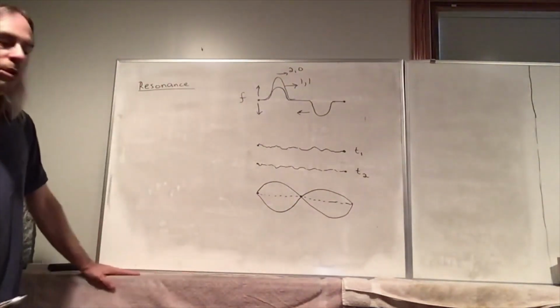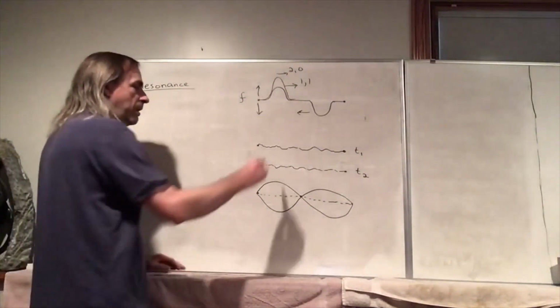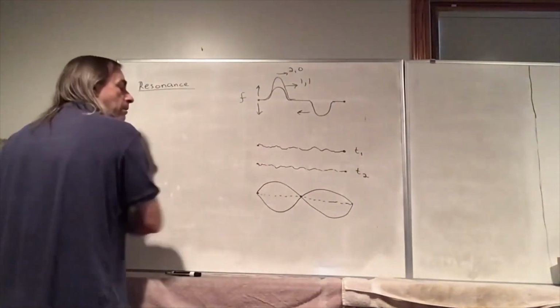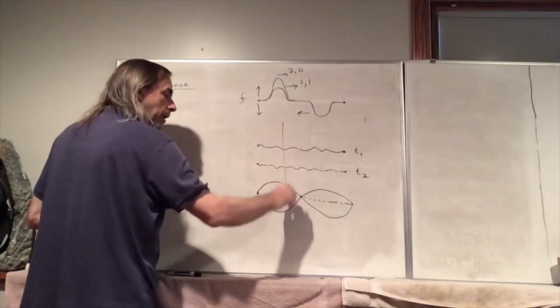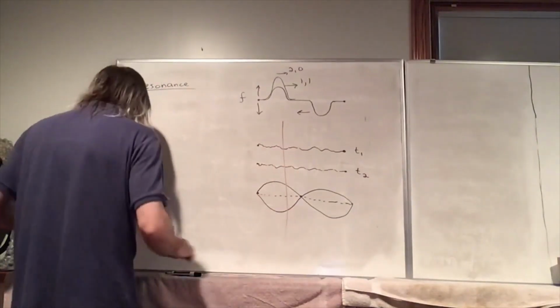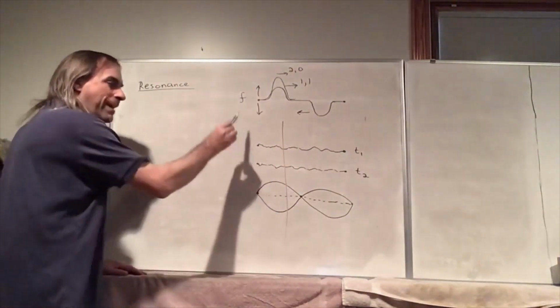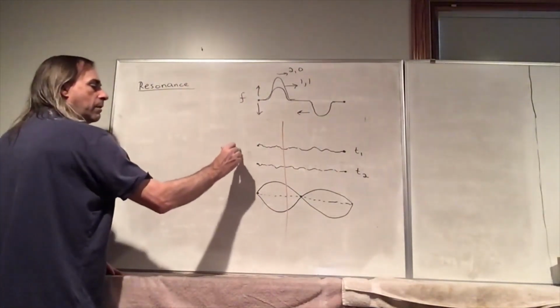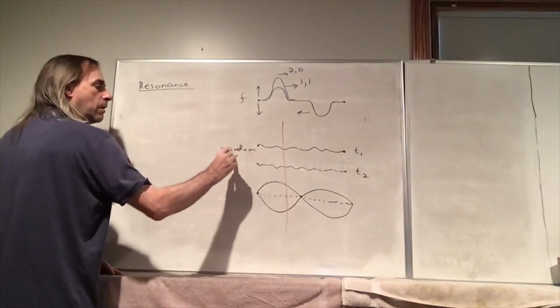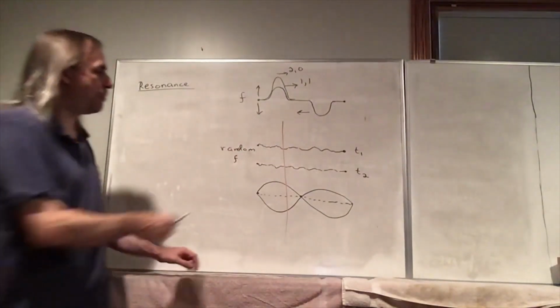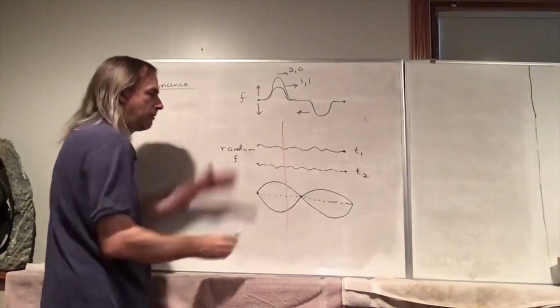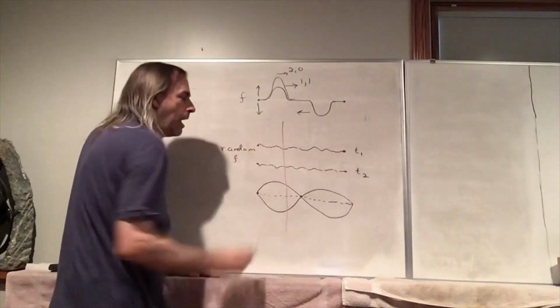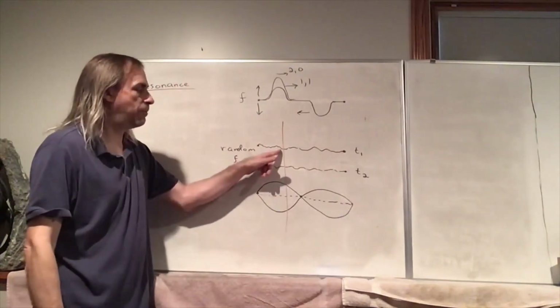And if you look at one point on the string, like let's draw a red line here. Random line. So if you look at the string driven at some random frequency, so this one here is random frequency. If you look at the amplitude, it changes. Here it's below this line. So the string was below the line.